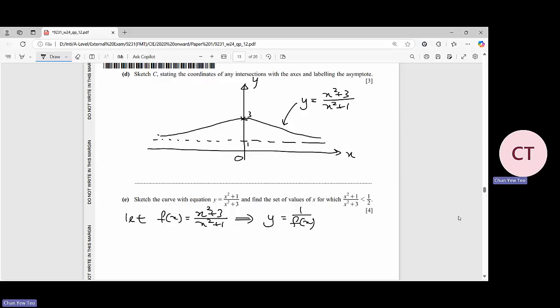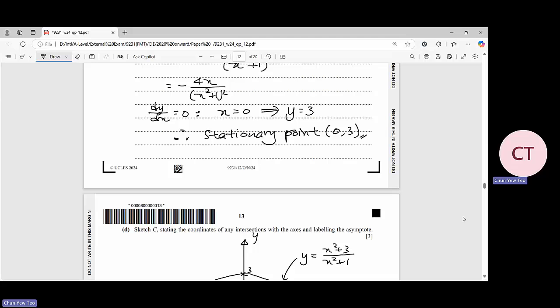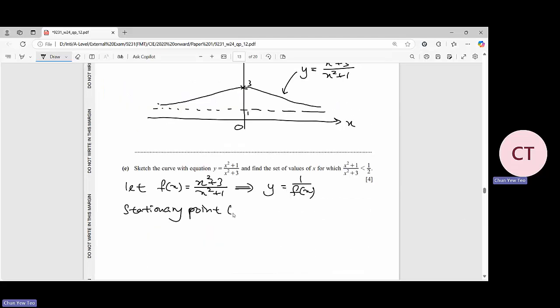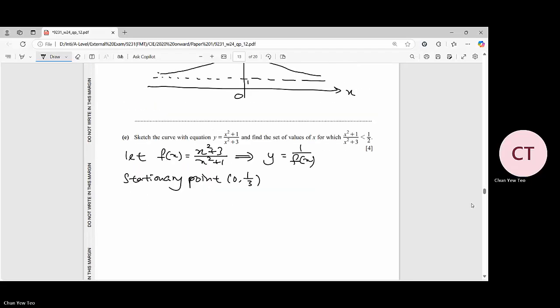So if this is 1 over f(x), then what do you need to do? The stationary point over here will change from (0, 3) to become (0, 1 over 3). Then your horizontal asymptote will still be y equals 1.